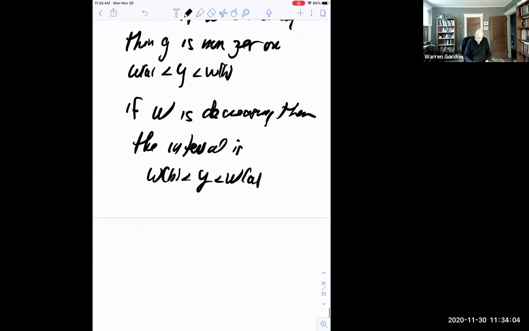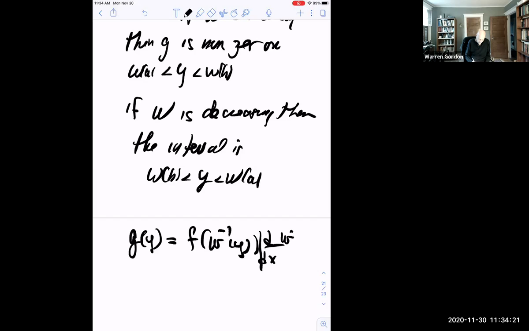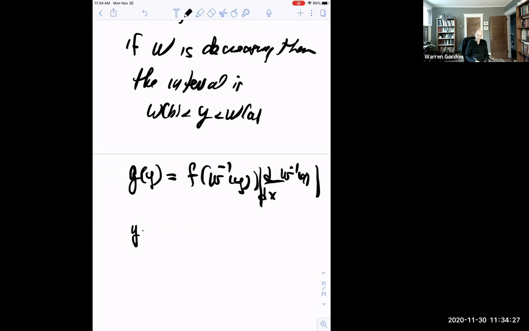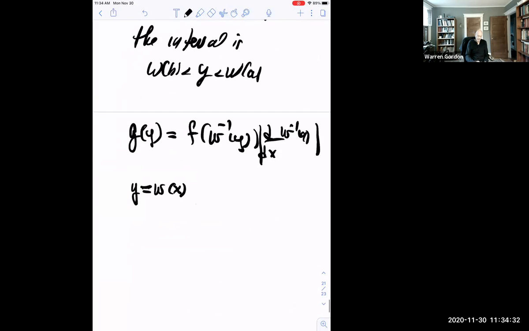And by the way, I wrote the result as follows. g of y is equal to f of w inverse of y times the absolute value of d by dy of w inverse of y. Let me remark, if y is equal to w of x, and this is a strictly monotonic function, then x can be written in terms of the inverse function, w inverse of y.